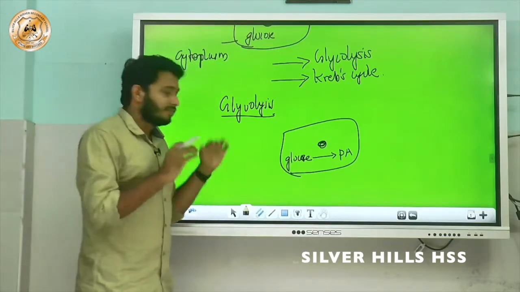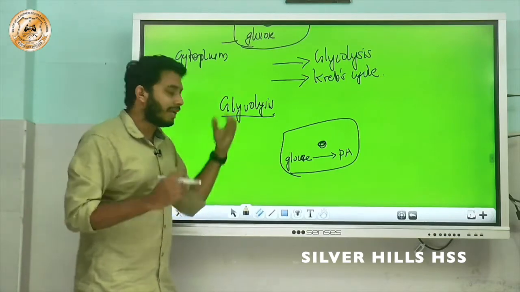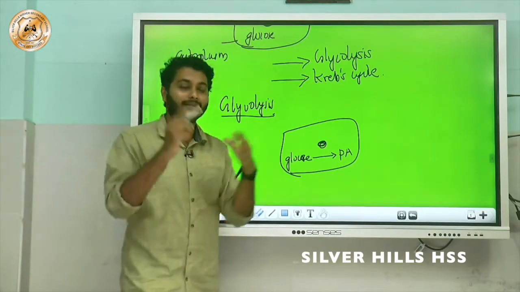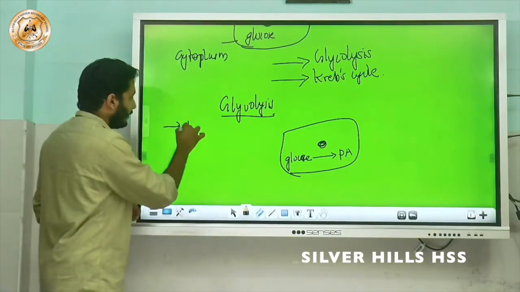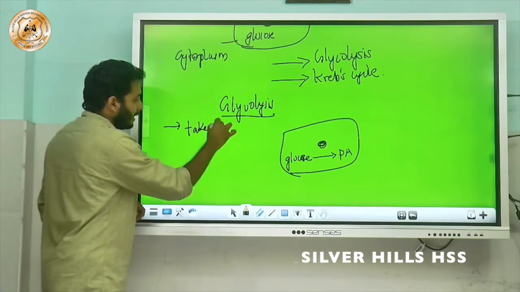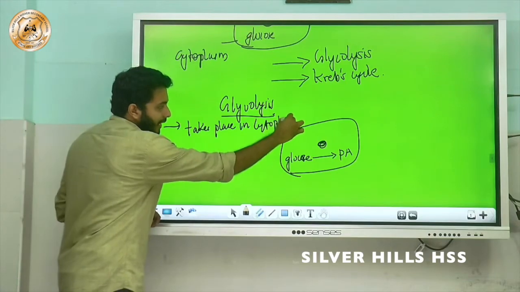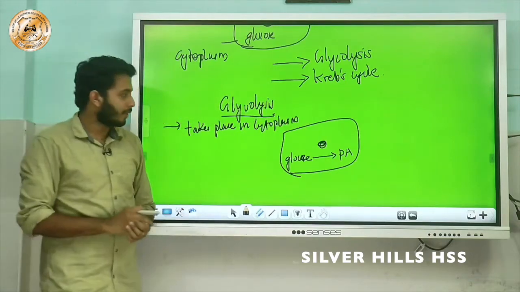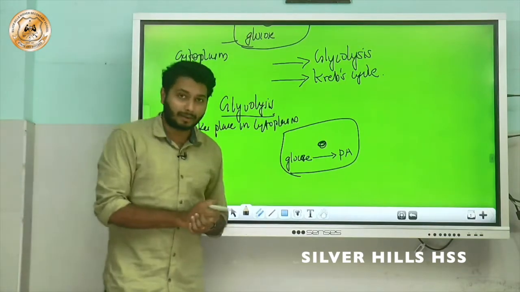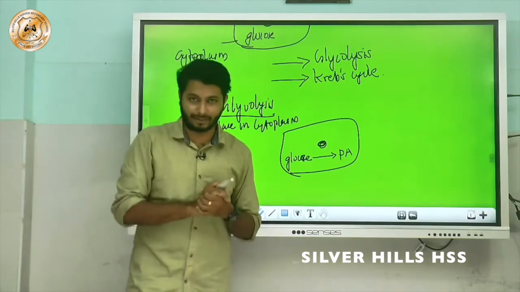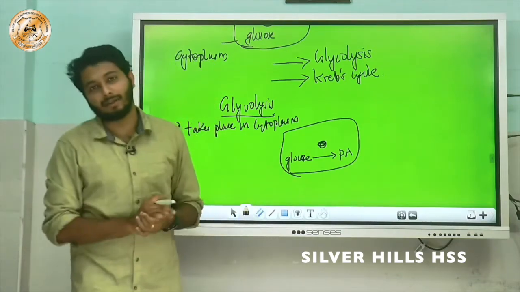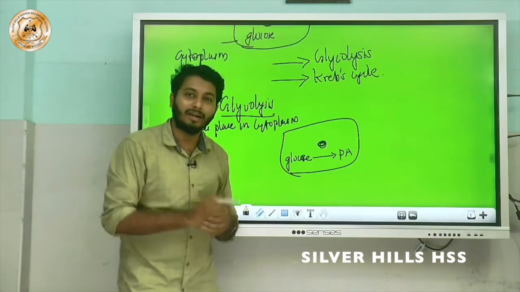The importance of this step is that glycolysis takes place in the cytoplasm. During glycolysis, energy is released in the form of ATP. We discussed ATP in the first chapter.